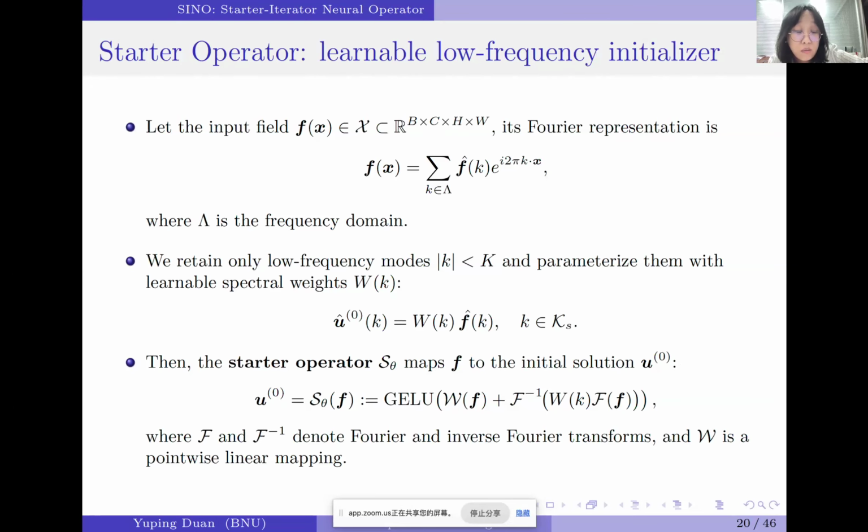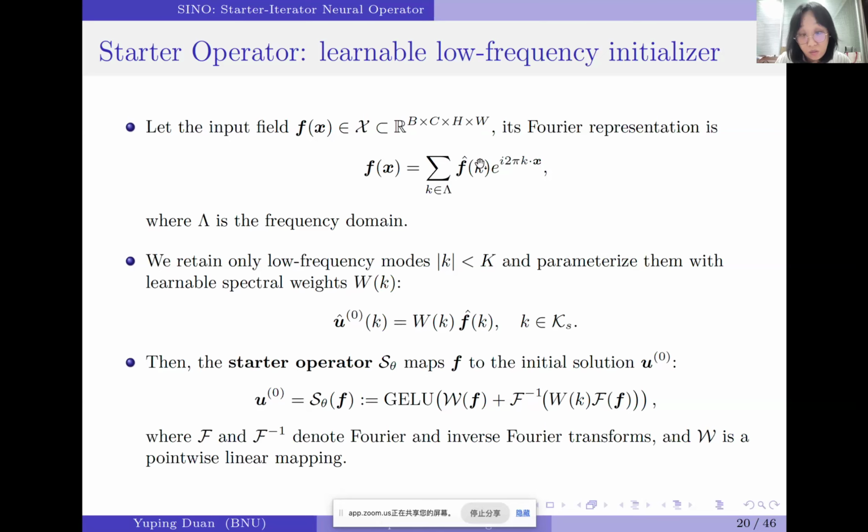Now we look into the starter operator and the iterator operator. The starter is designed as a learnable low-frequency initializer. It transforms the input to the Fourier domain, and we keep selected low modes and apply learnable spectral weights.